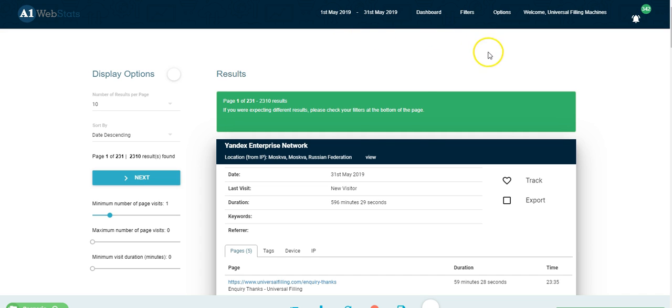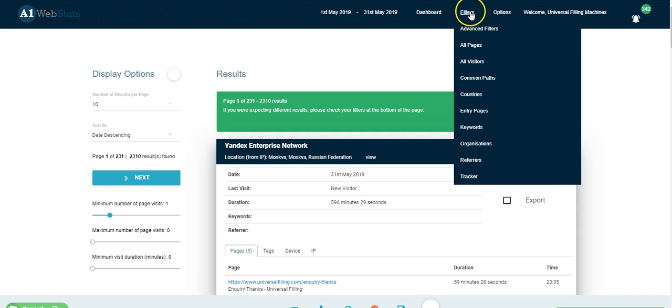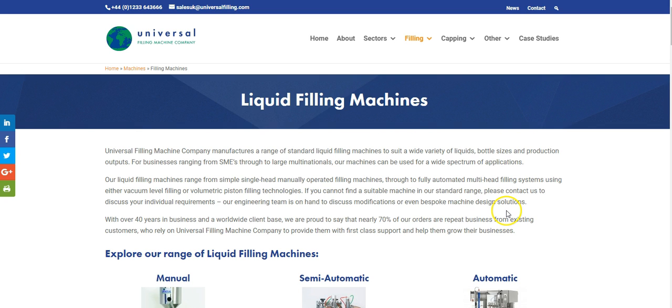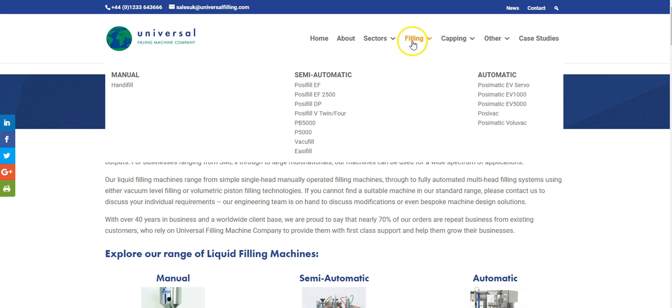We're now going to focus on those visitors who got as far as pages that imply they've got a certain level of interest in what's on offer within the website. So we're going to go back to Advanced Filters, and we're going to add in a filter here. All these filling machines have a URL structure that contains /liquid filling machines.